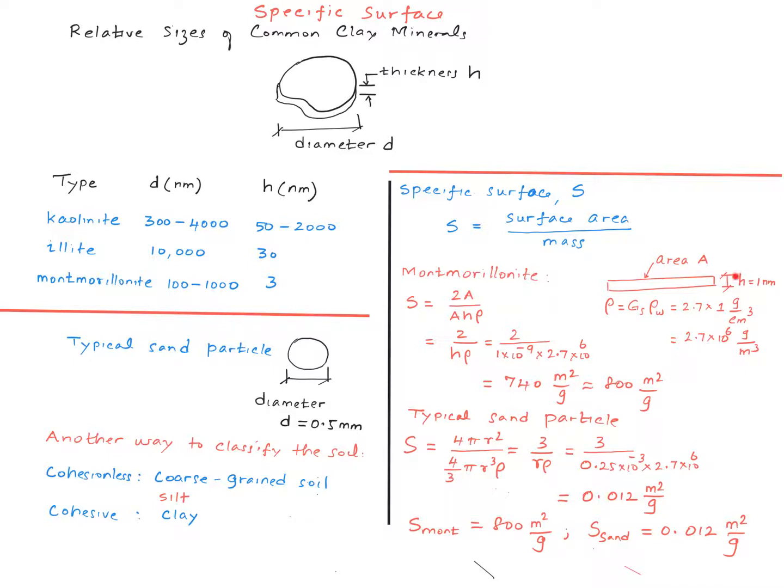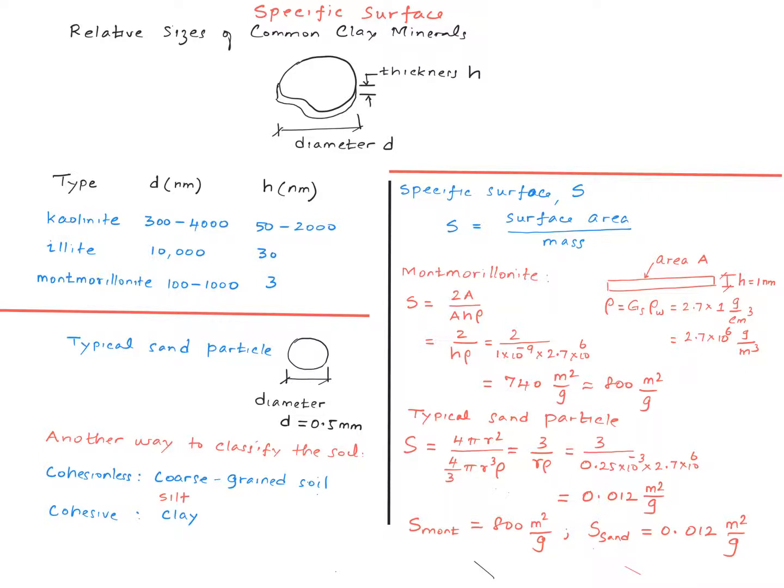Because the thickness is so small compared to the diameter, we can ignore the surface of the edges. So the total surface area is approximated as 2A, where A is the area of one side of the plate. The mass of the clay particle is AH times rho, where AH is the volume and rho is the density.